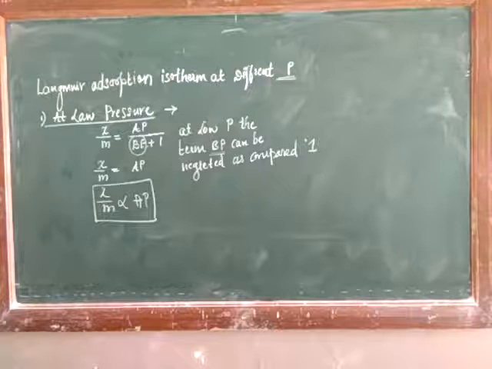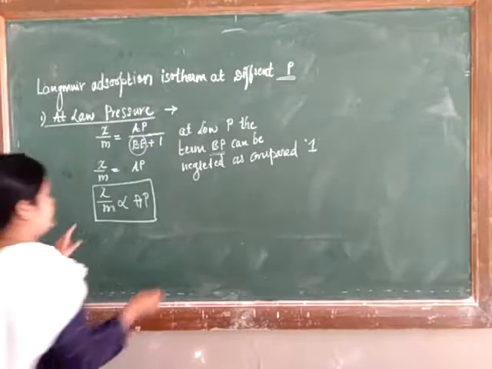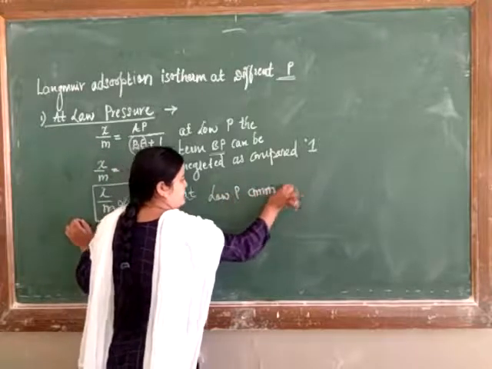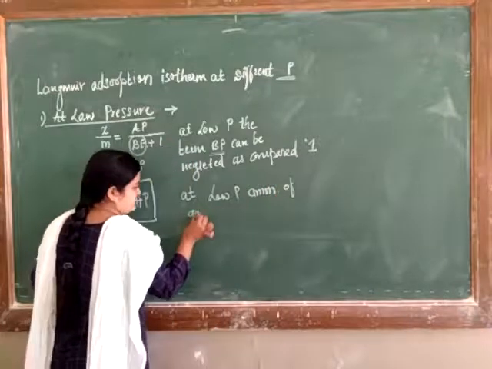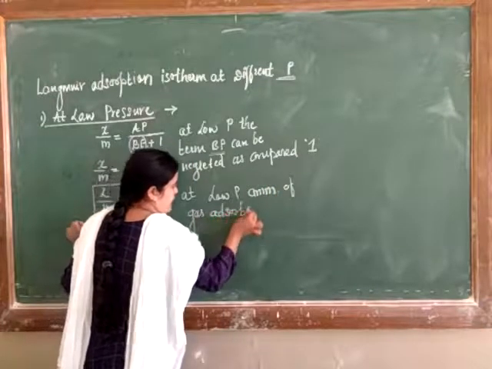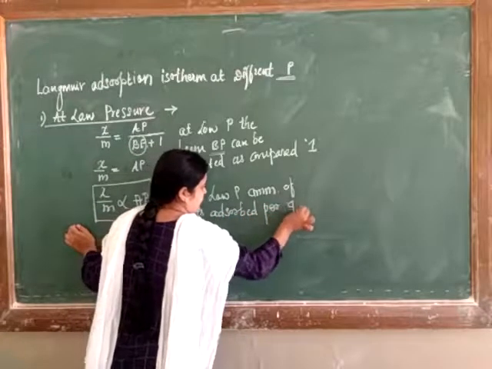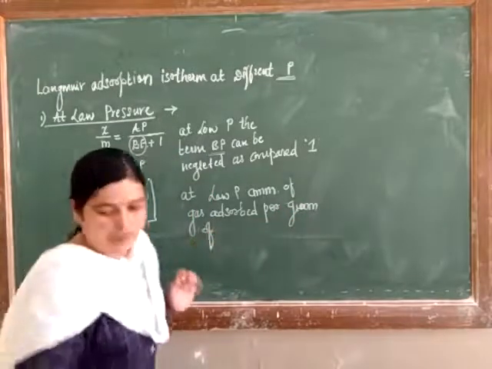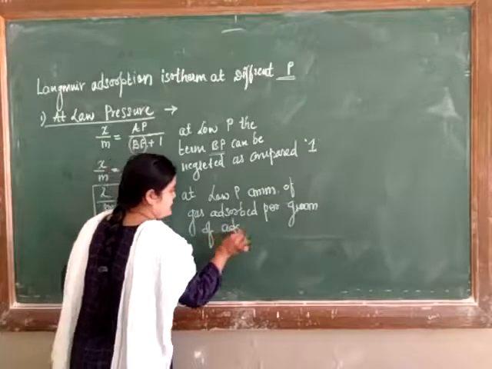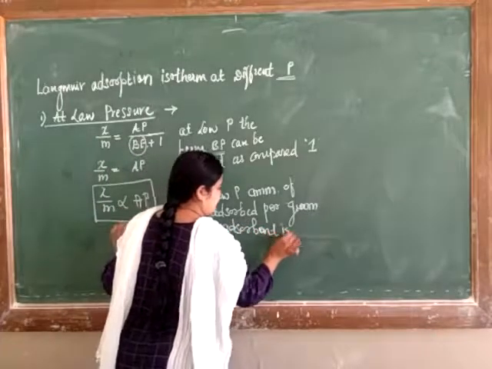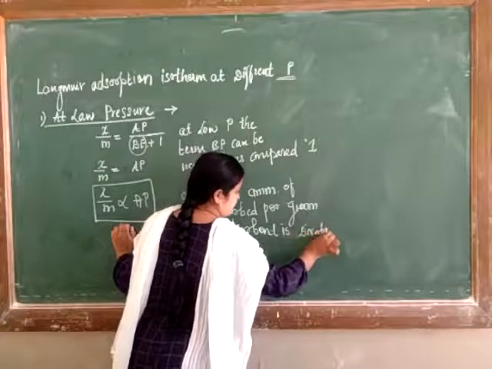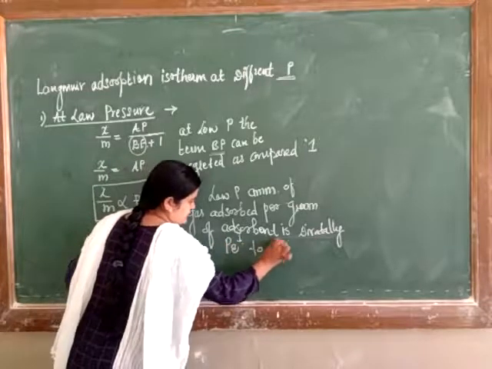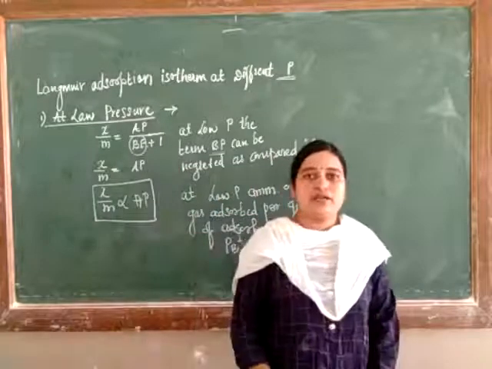At low pressure, the amount of gas adsorbed per gram of adsorbent is directly proportional to pressure.